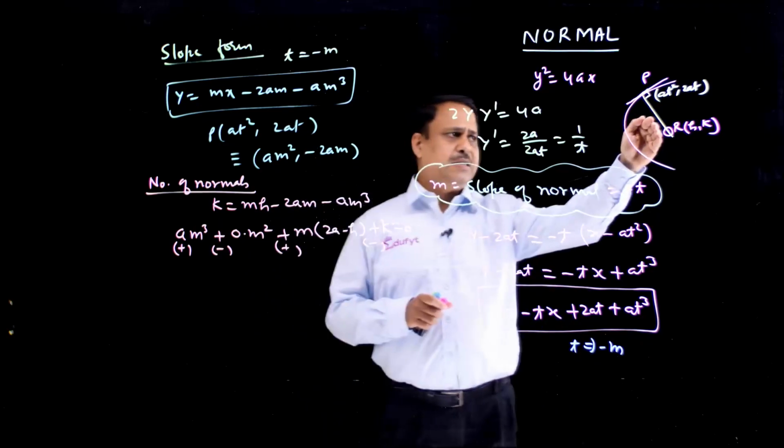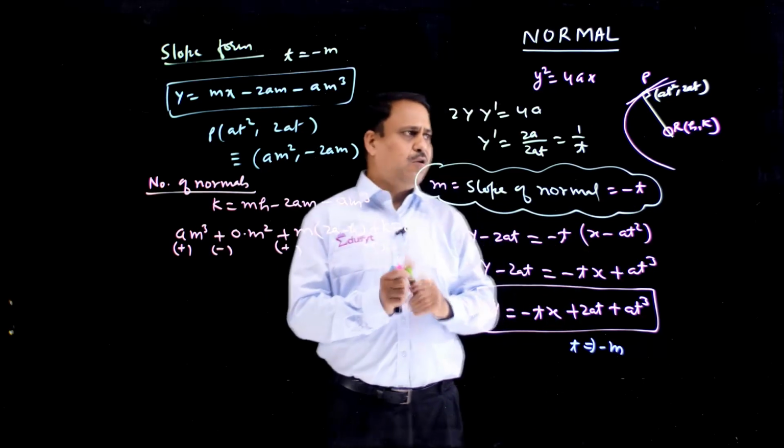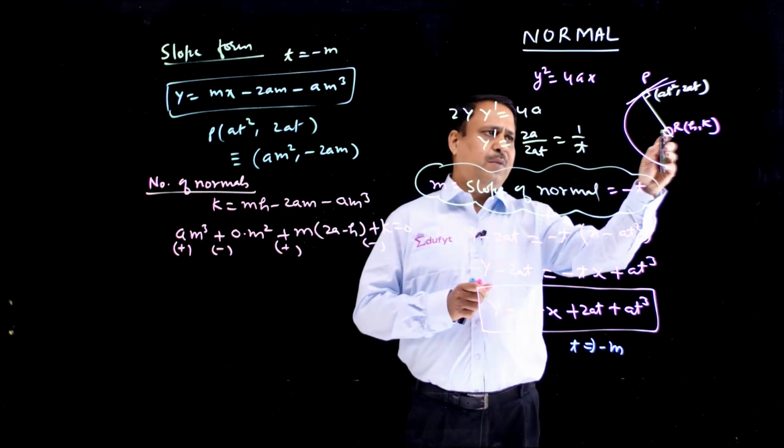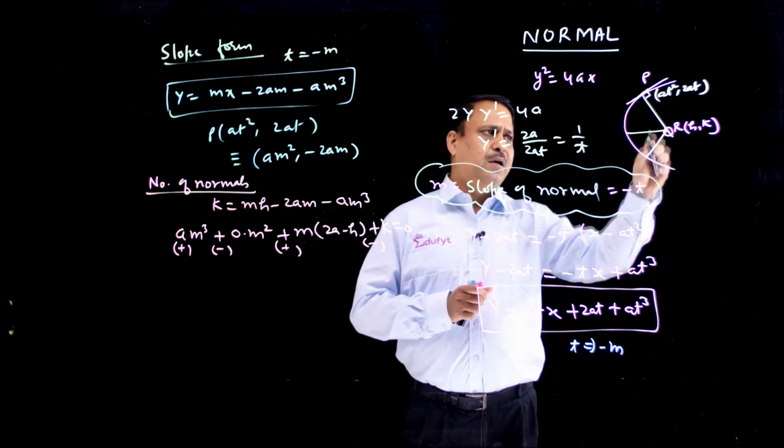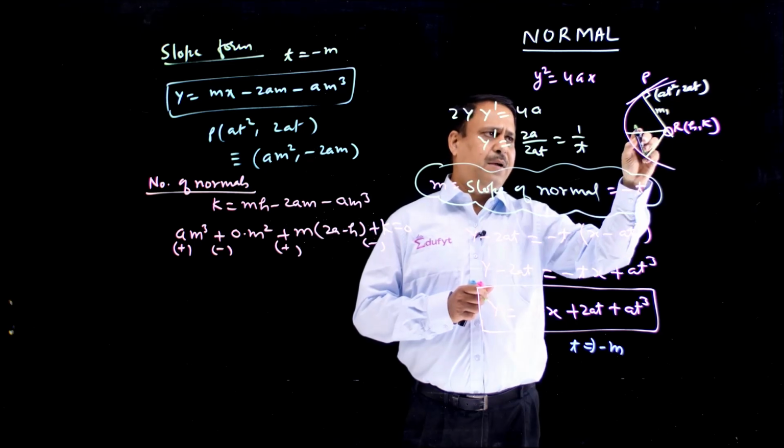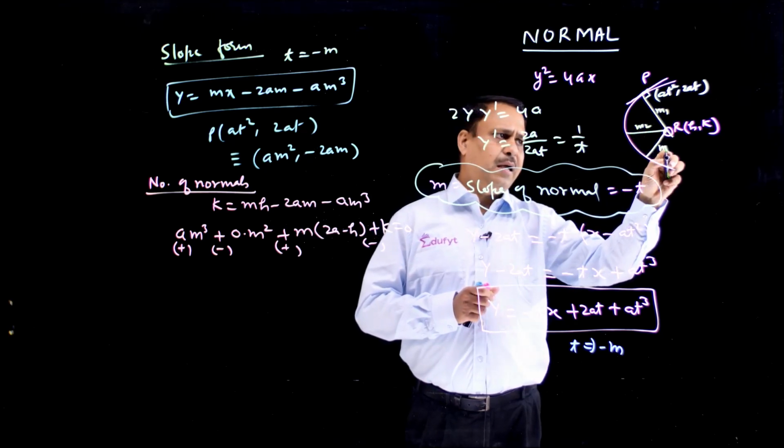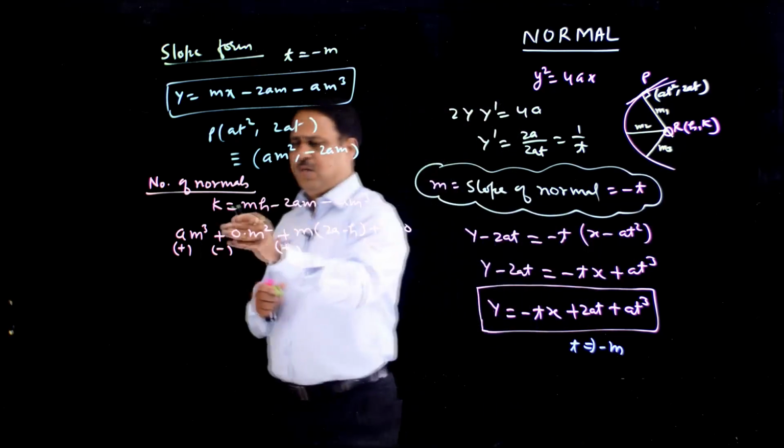So the possibility is from this point I can have 3 normals. 3 normals are possible, and their slopes are m1, m2, m3, which will be roots of this equation.